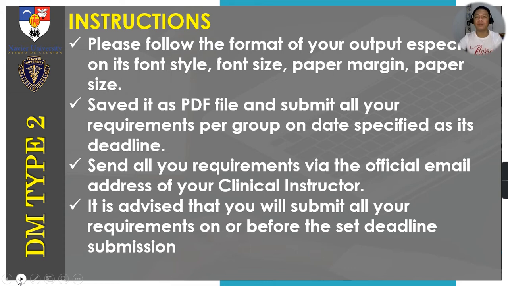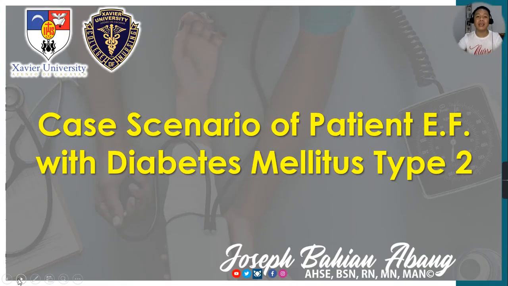Let's now have the case scenario of patient EF with diabetes mellitus type 2. Patient EF is manifesting this condition, and we'll dig a little deeper into how you understand the case.